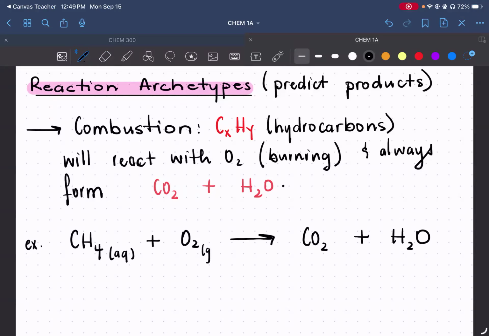Oxygen is one of our diatomic elements, so we should recognize that pretty quickly as a gas. H2O is water, which we should quickly recognize as liquid, so L. And then finally, we have carbon dioxide. Now, hopefully, most of us already know that carbon dioxide is a gas.